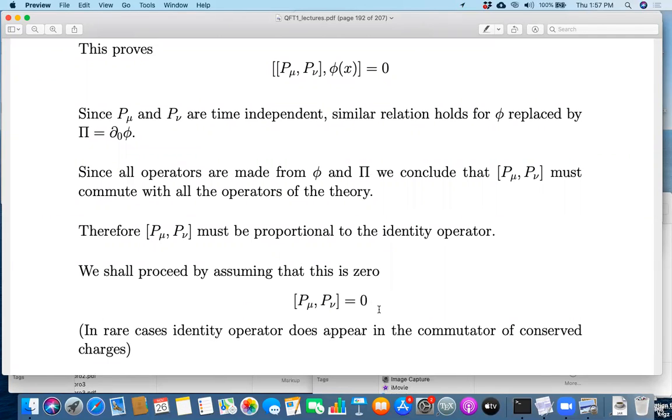It's not necessarily the case that the theory is anomalous whenever an identity operator appears on the other side. But often there is a relation between this and the anomaly. Because this doesn't necessarily mean that this is not a symmetry, right? Even if an identity operator appeared on the right hand side, it wouldn't necessarily imply that the symmetry is broken. It just says that p mu doesn't annihilate the vacuum.